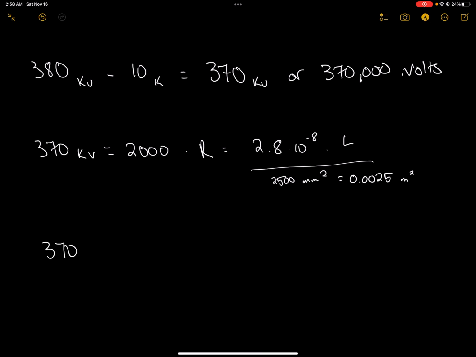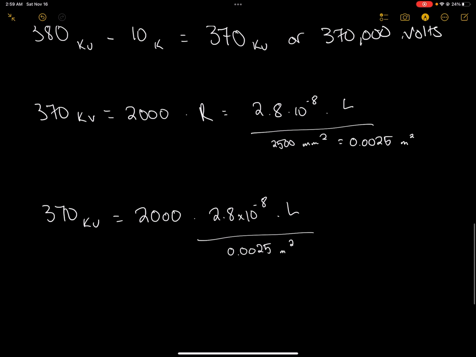And now we have to isolate for L in our equation. So we have 370 kilovolts equal to 2,000 multiplied by 2.8 times 10 to the negative 8th times L over 0.0025 meters squared. The first thing we are going to want to do is get rid of this denominator.